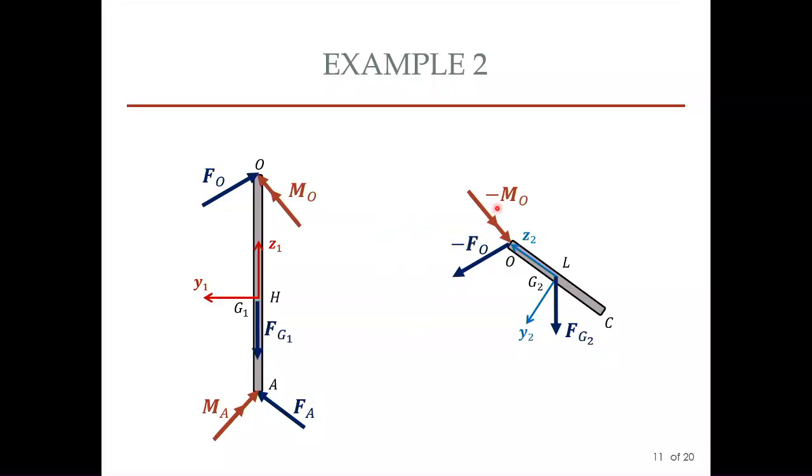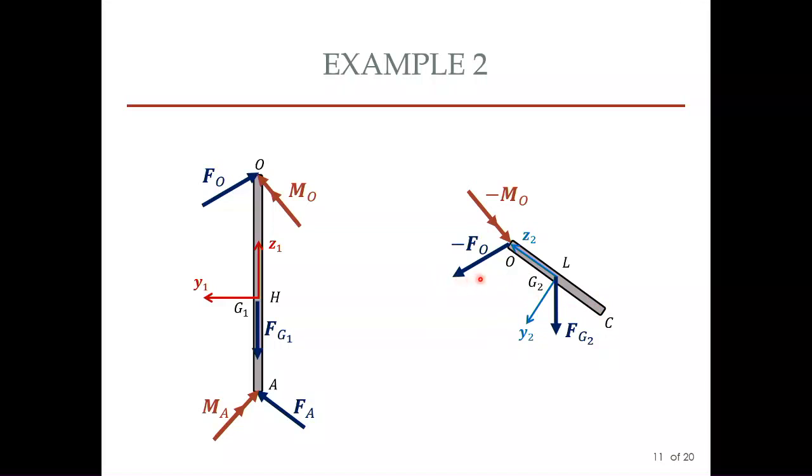So this minus and this minus here stand for reactions to F and M. You could put the minuses here and no minuses here, as long as you put the minus sign in one of them. It just says that if this link applies FO on this link, then this link applies negative FO on this link, where FO is a vector.